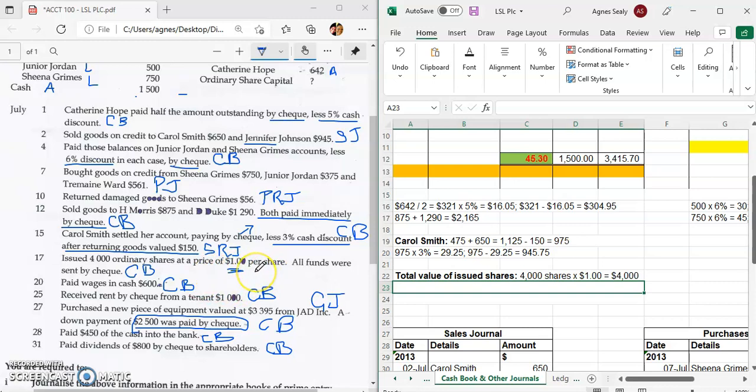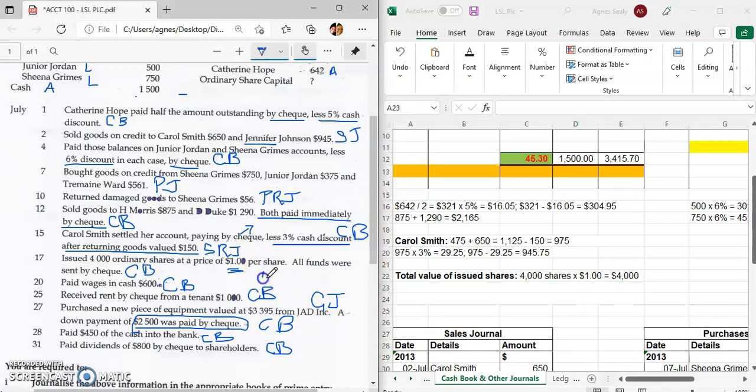We said in our introductory video that a share premium is the difference between the par value of shares and the price at which they are issued. So the share premium is $1 minus 75 cents, which is 25 cents.